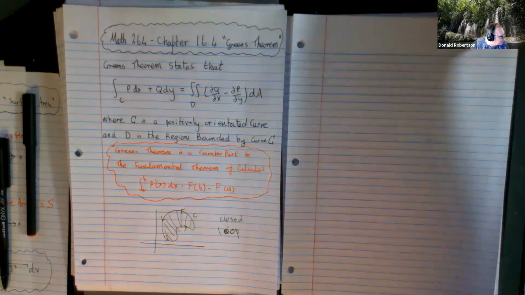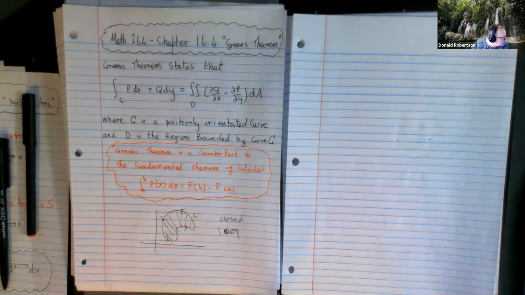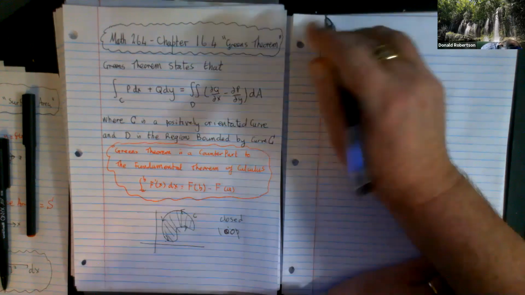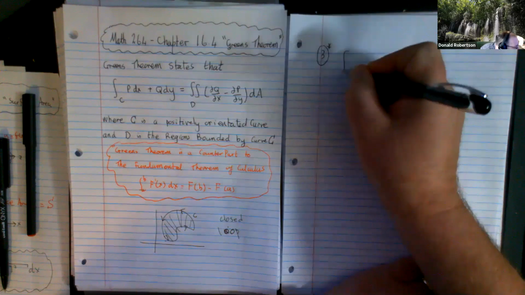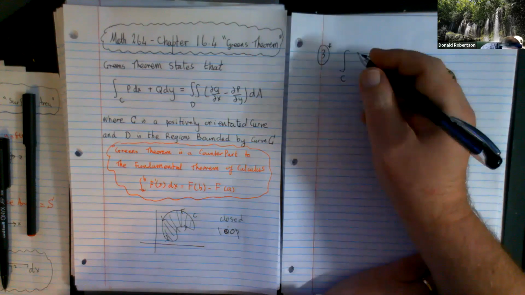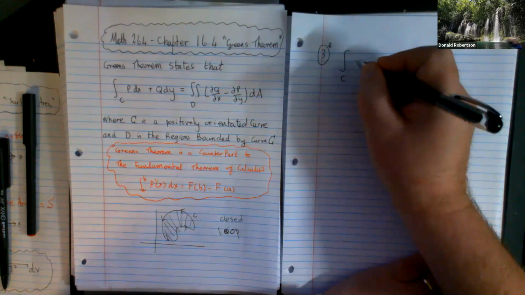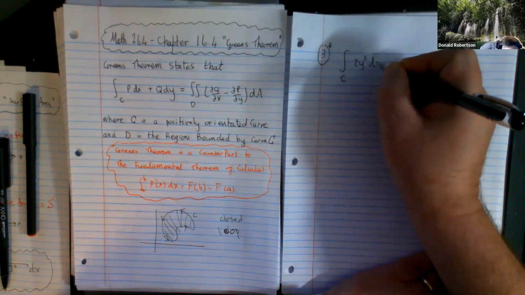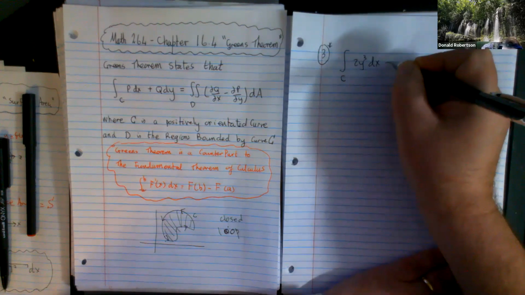Okay, let's do one with a circle in it. I like circles. Perfect. We are going to find the line integral of the closed loop C of 2y cubed dx minus 2x cubed dy.